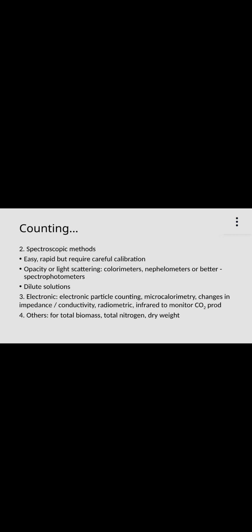So other ways in which the microorganism counting can be achieved is by use of spectroscopic methods. These ones are easy to use. They are rapid, so they can count many slides. However, they require careful calibration, so they require expertise.